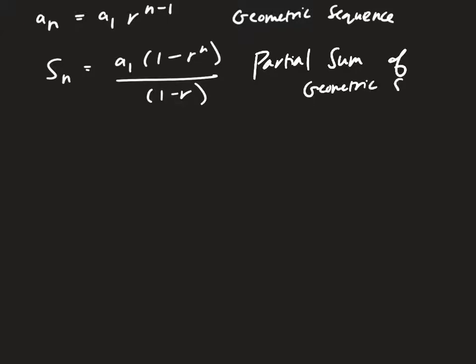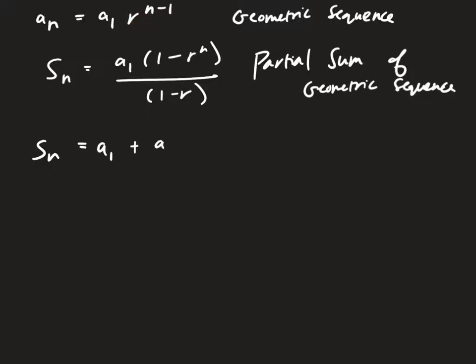Right. And so let's actually figure this out. If I'm thinking about the partial sum in its most basic definition, I'm just adding every single term in my geometric sequence until I get to the nth term. So I would be adding my first term, a sub 1, plus my second term, which I could derive by doing a sub 1 times r to the 2 minus 1, which is just 1.